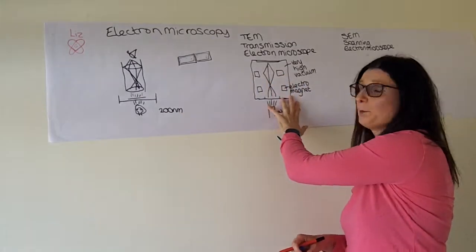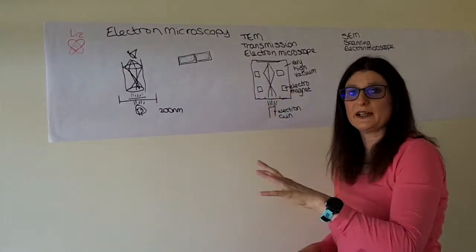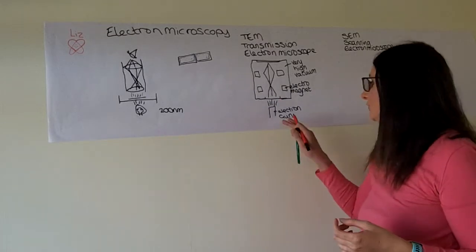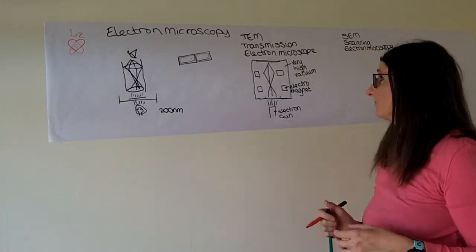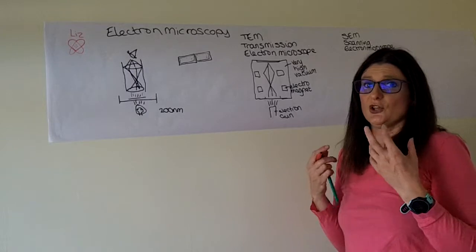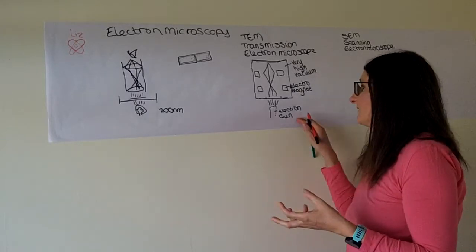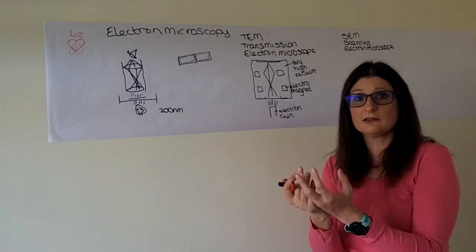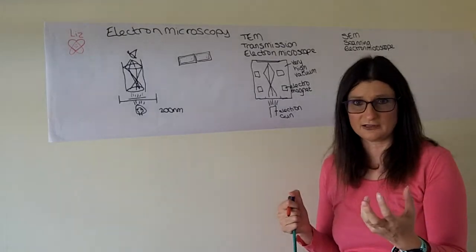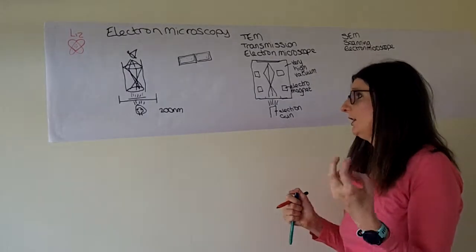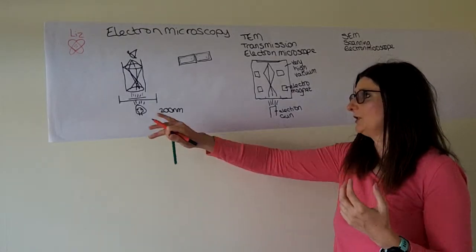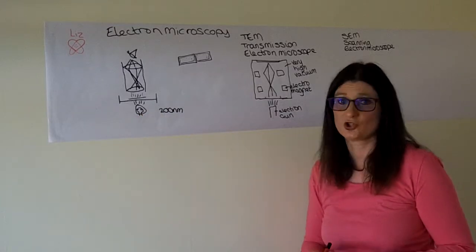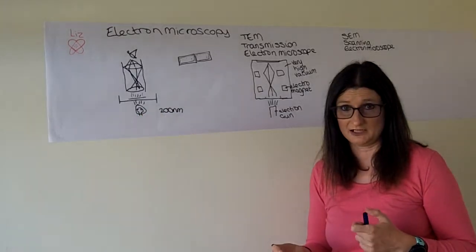With these, because living cells require oxygen, you can't do electron microscopy with it. So it's not a kind of universal technique that can be used for everything, but it does allow you to see things much smaller than the 200 nanometers.